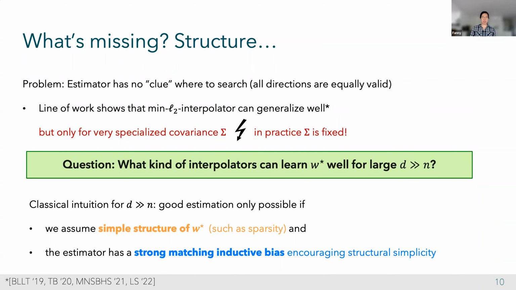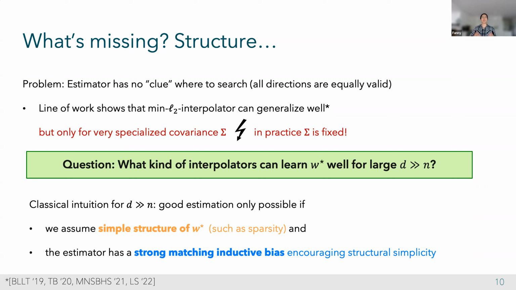A classical intuition of high dimensional statistics is that you can only estimate well if you assume something about the ground truth, that the ground truth has a simple structure such as sparsity, and your estimator is matching that particular structural simplicity, that your estimator is encouraging that particular structural simplicity, and we call this matching inductive bias.